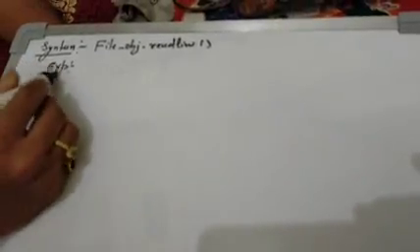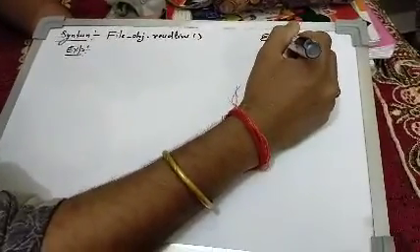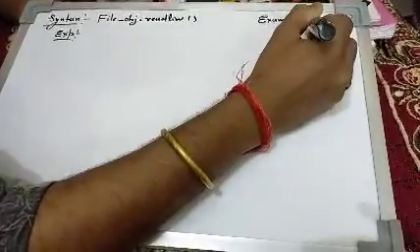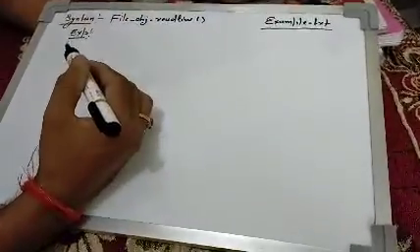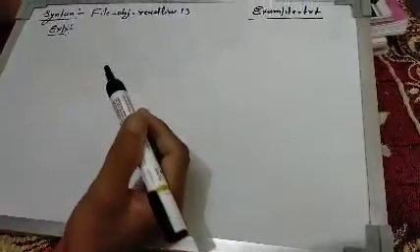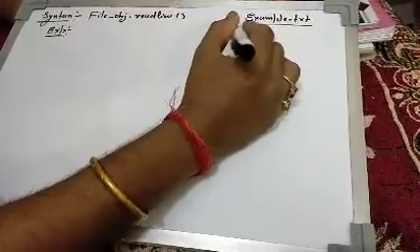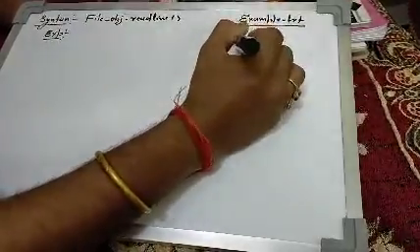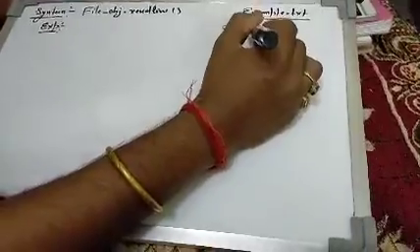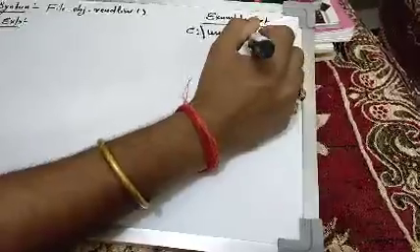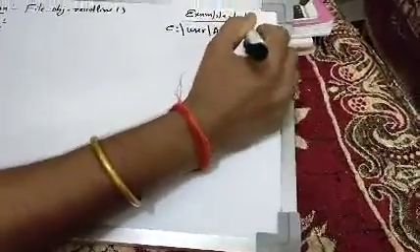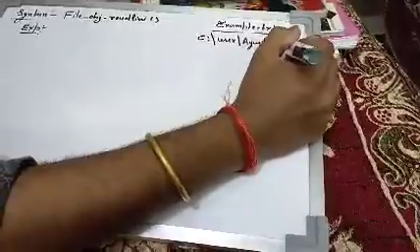For example, suppose a file example.txt is stored in your secondary storage media at C colon backslash user backslash ayushi backslash desktop.